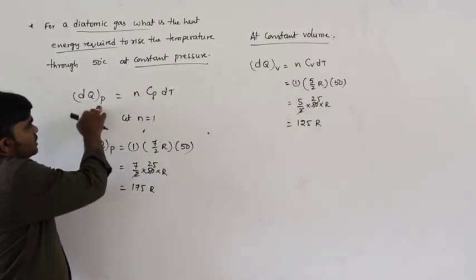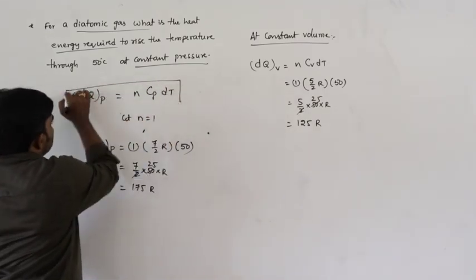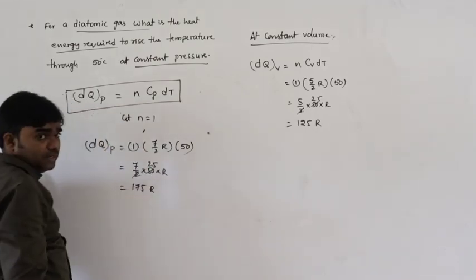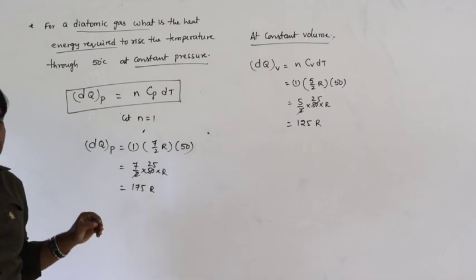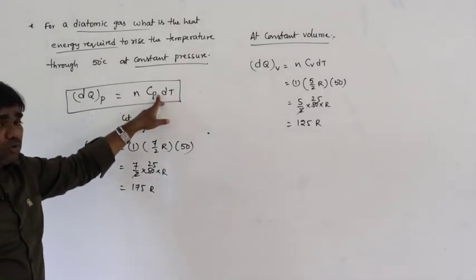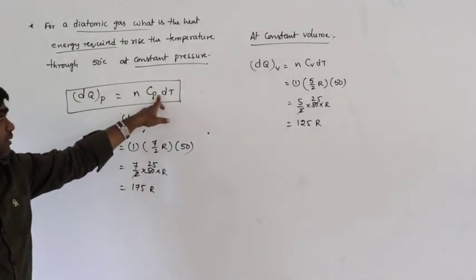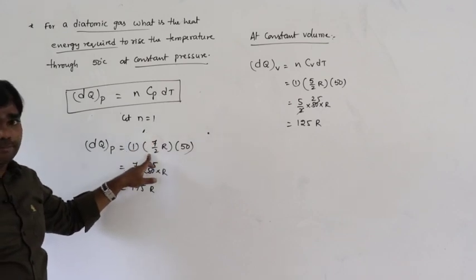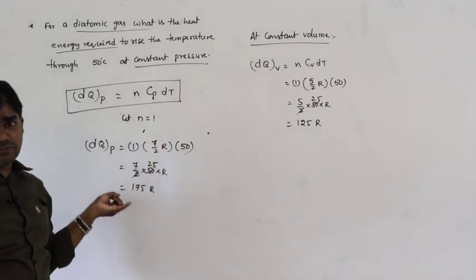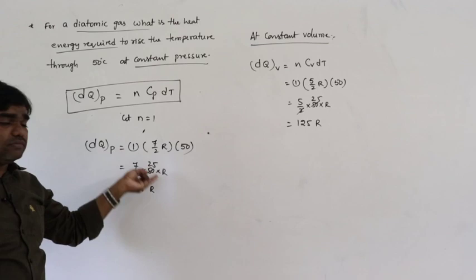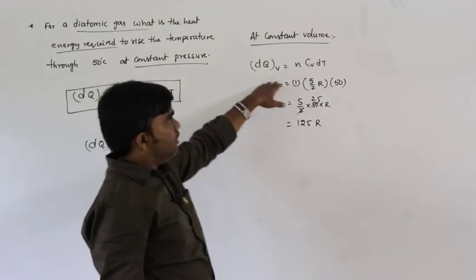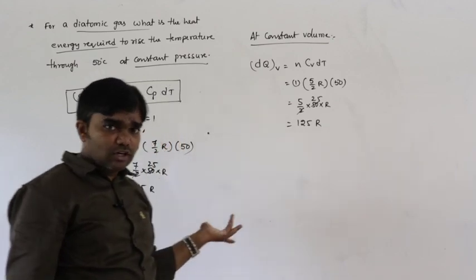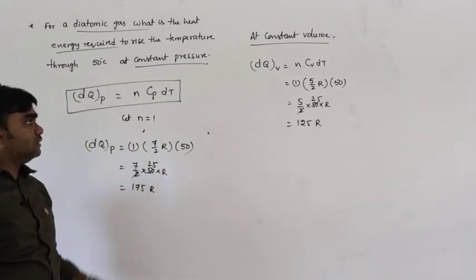Heat energy at constant pressure, you must remember, directly you can apply the formula nCp dT. So based on the type of the gas, whether it is monoatomic, diatomic or polyatomic, we can substitute the value of Cp. For monoatomic it is 5/2 R, for diatomic it is 7/2 R, for polyatomic it is 4R. In the same way, heat energy supplied at constant volume can also be calculated like this.